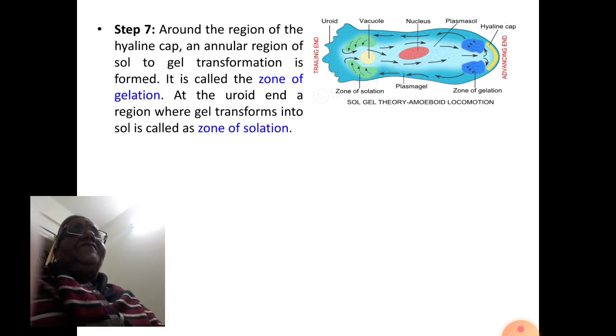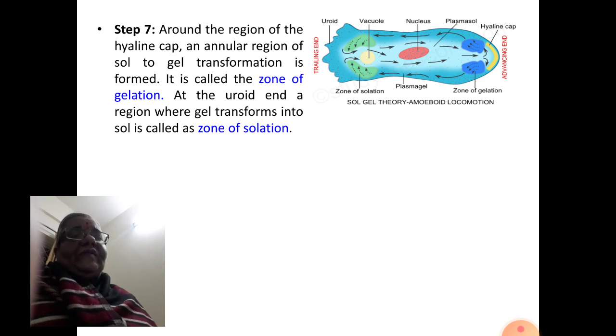Around the region of the hyaline cap, an annular region of sol to gel transformation is formed, and therefore this is known as the zone of gelation. And please note, at the opposite end there is a region where the gel transforms into sol, the opposite of what happens in the anterior end, and that is called the zone of solation.